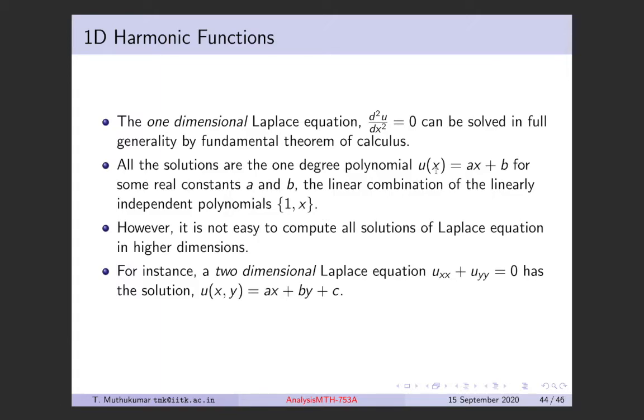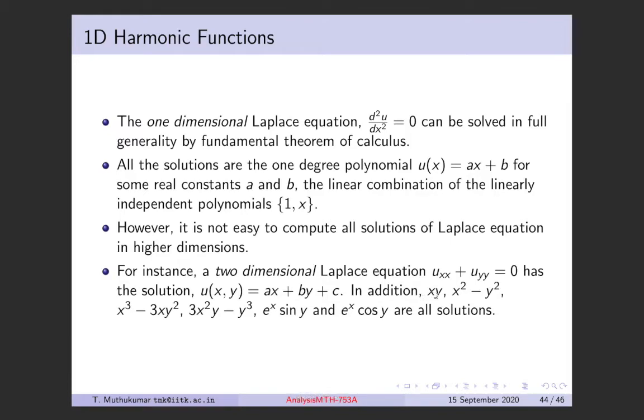But unlike the one-dimensional case, where all solutions are of this form, that is not true in two dimensions. There are functions like xy, which is also a harmonic function that is not of this form. x squared minus y squared is also a harmonic function. Similarly, x cubed minus 3xy squared, 3x squared y minus y cubed, e to the x sin y, e to the x cos y, all these are harmonic functions in two dimensions.